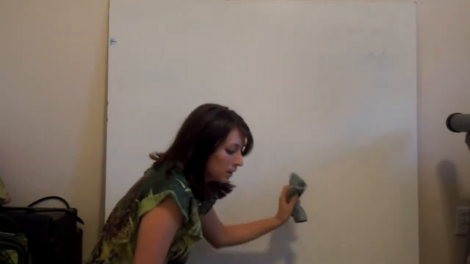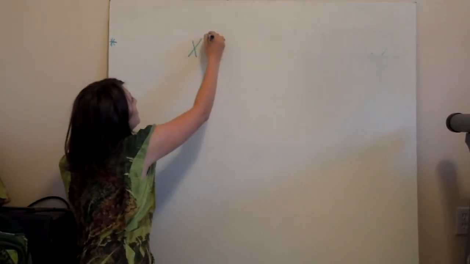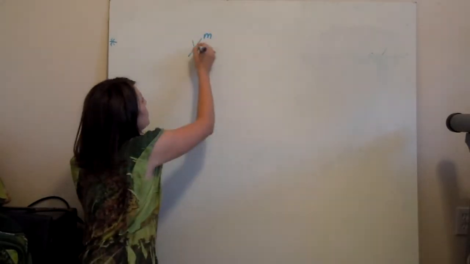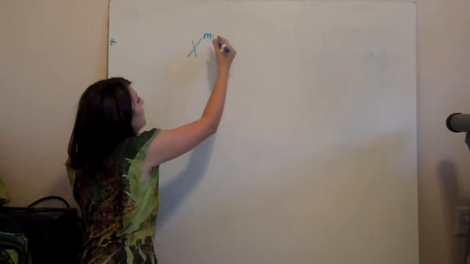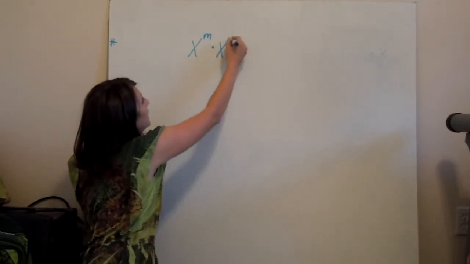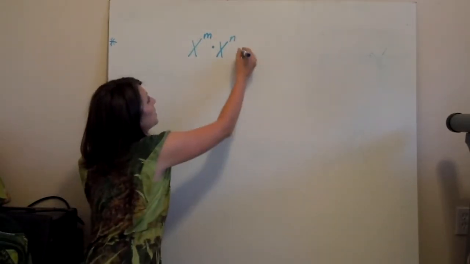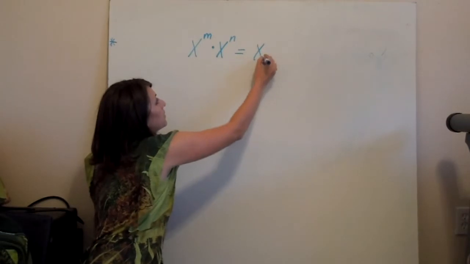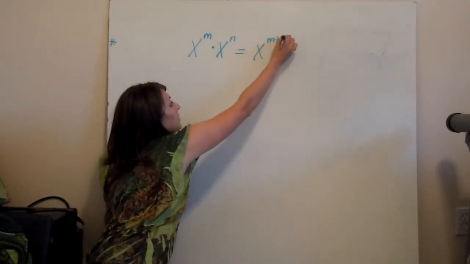Okay. Product rule. Product rule is when you have any variable or any real number, which would be x, representing any real number but it can't be 0, raised to a power of m, times any real number raised to the power of n. If we want to combine these, the basic rule is that we write our variable, and we add our exponents.